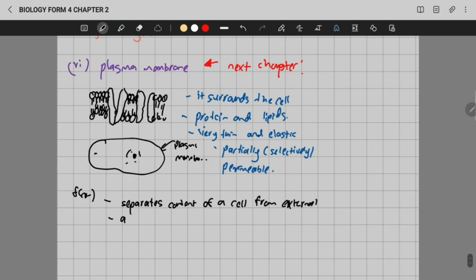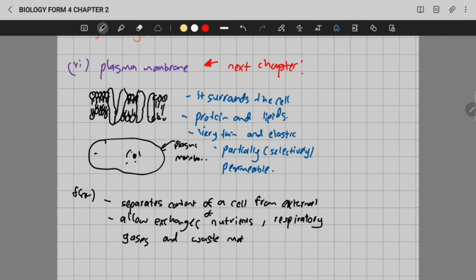And they allow exchange of chemicals, of things such as nutrients, the respiratory gases such as oxygen and carbon dioxide, and the waste material, for sure. You cannot let your waste material stay inside the cell forever, or if not, they will die.